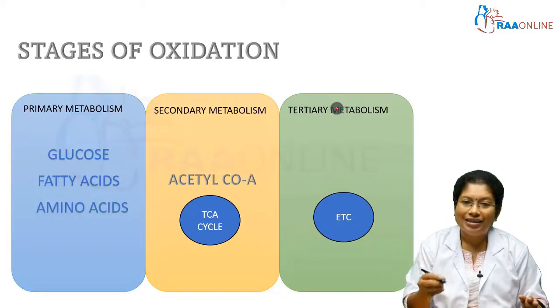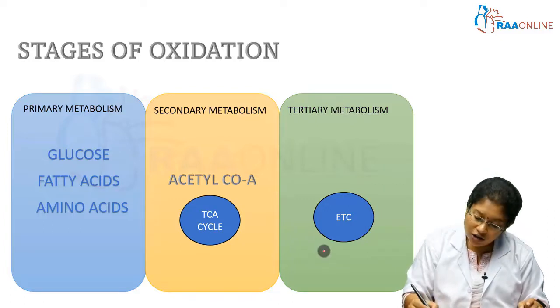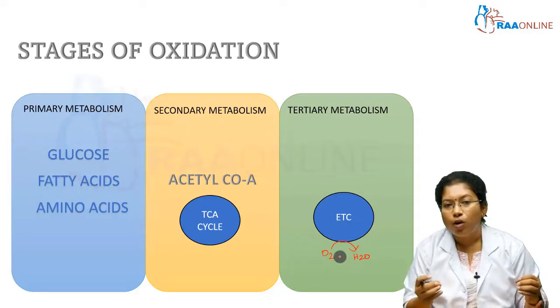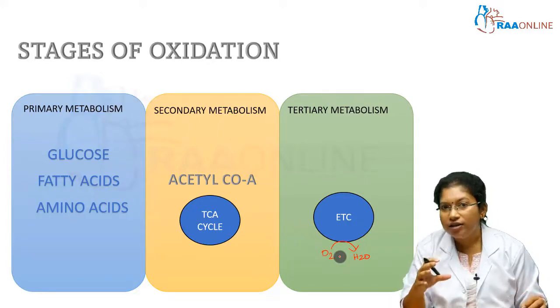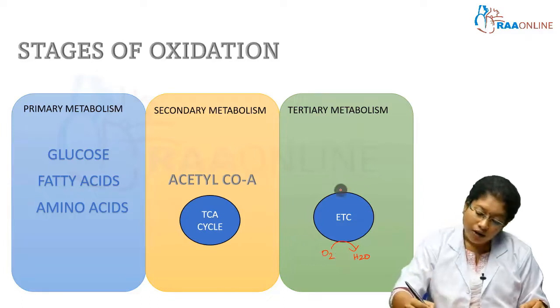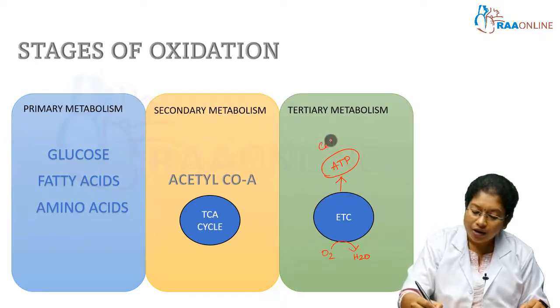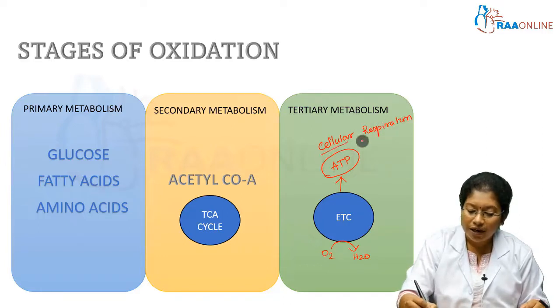It is the ETC, where oxygen is converted to water, all your carrier complexes are oxidized, and then ATP is released. This is what happens in cellular respiration, which comes under tertiary metabolism.